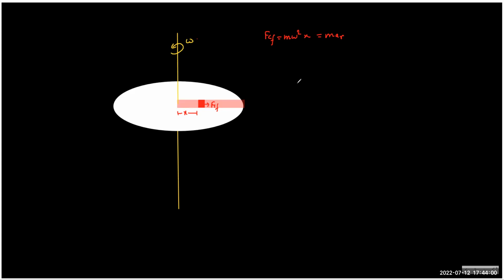At the same time, we do have something called Coriolis force. And the Coriolis force is basically F Coriolis written as minus 2m omega cross v. So the direction of omega, if I take upward, and we take v in the radial direction.